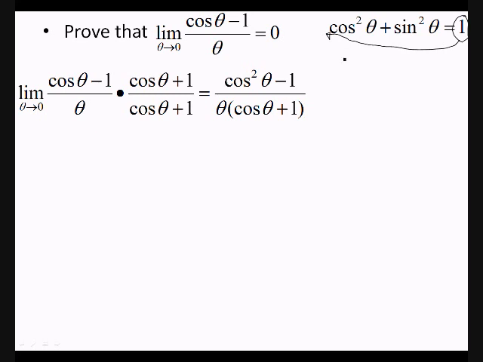Well, basically, we have, for simplicity's sake, the other side of the equal sign. So it's cosine squared theta plus sine squared theta minus 1 is equal to 0, right?